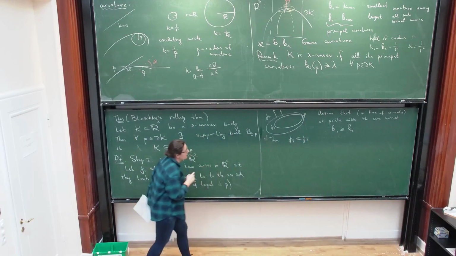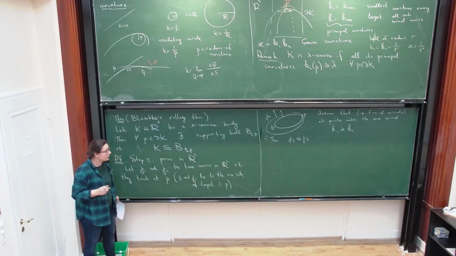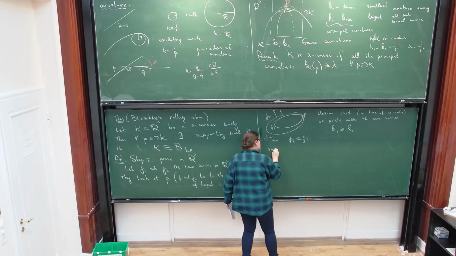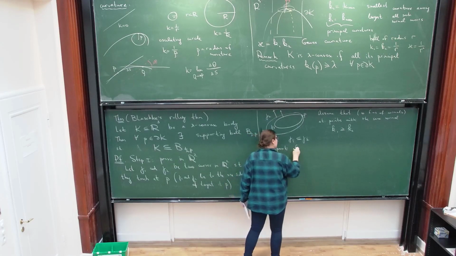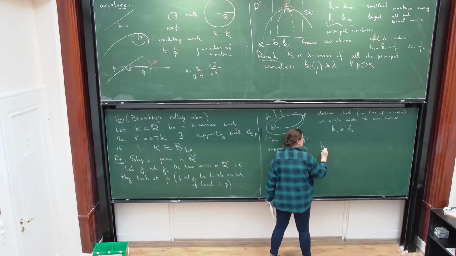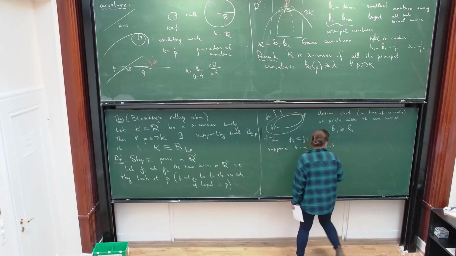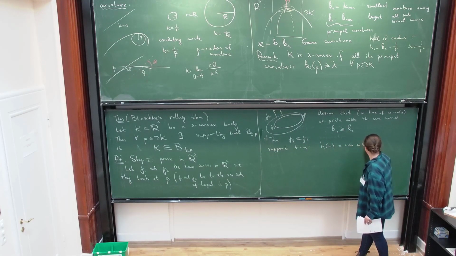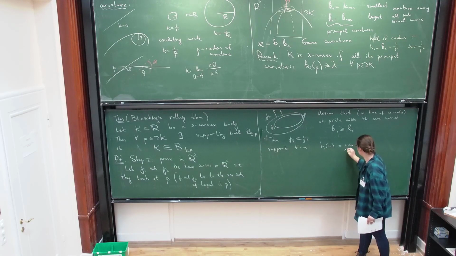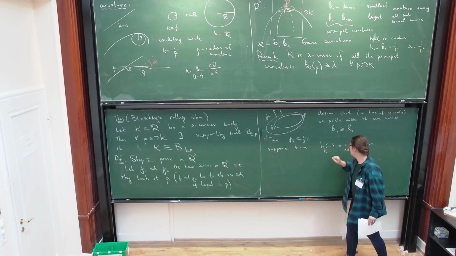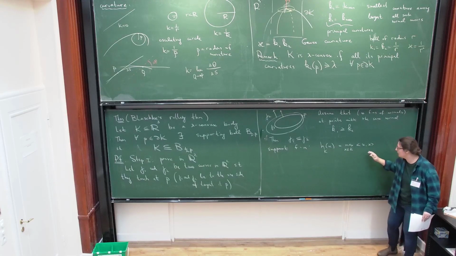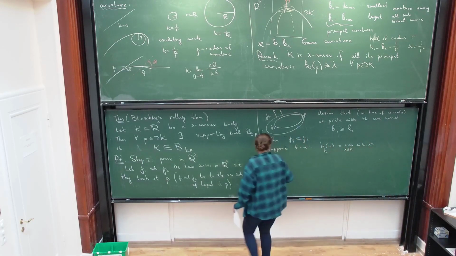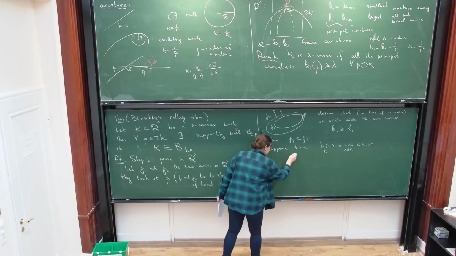In order to prove this, in R2, I want to use the notion of the support function. We already saw it in the last talk. The support function is the function h at the vector u, the maximum of the following quantity, and this is the general definition which holds in any dimension. What it means geometrically is the following.